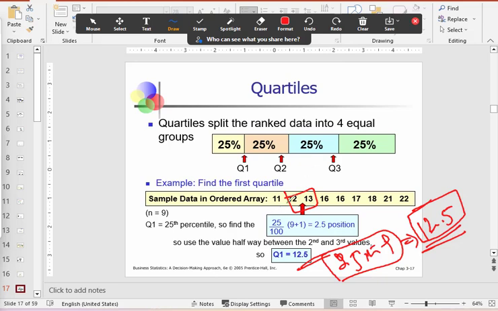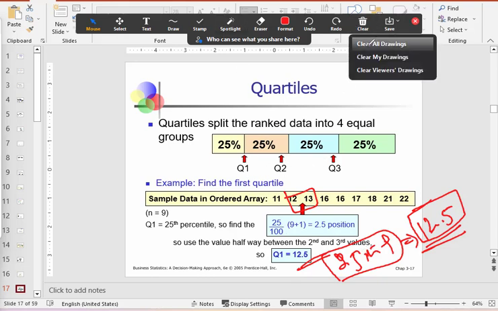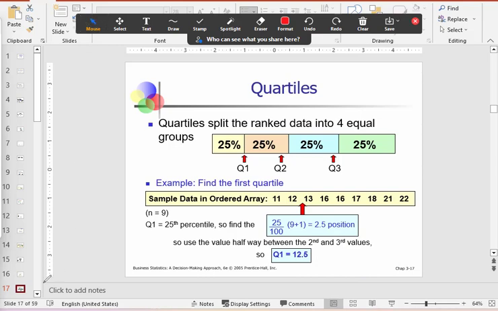So it is bigger than 25% and less than 75%. This way you interpret Q1 or the 25th percentile. Hope you understand this point. Let's see what's in the next slide.